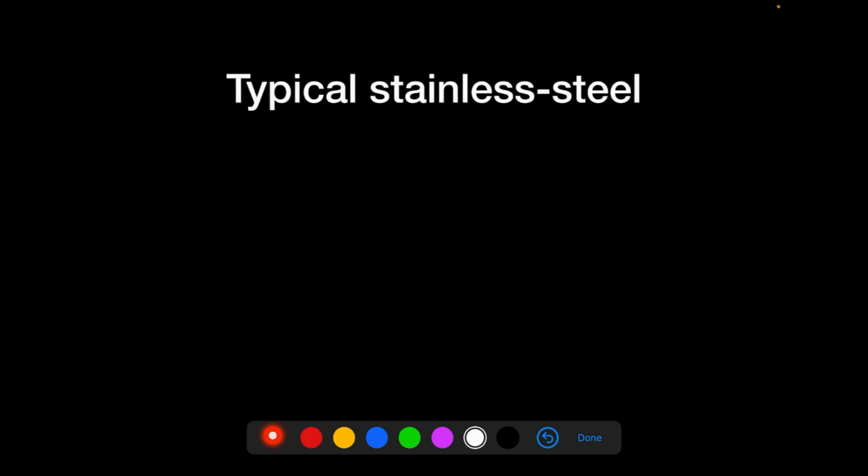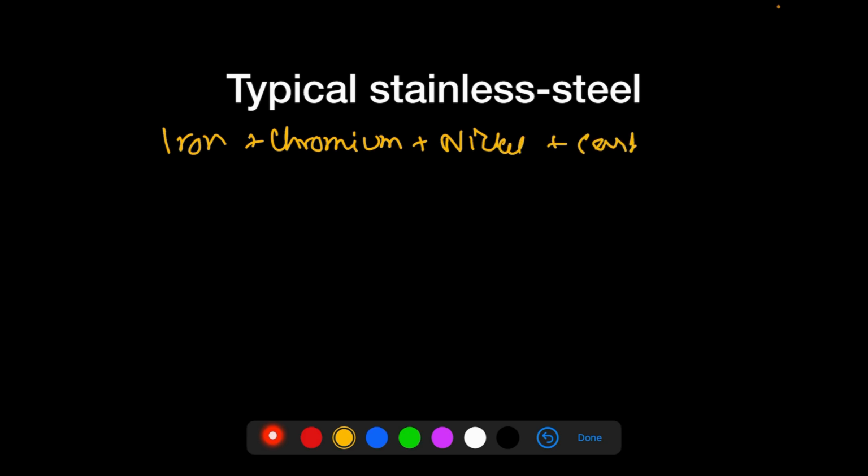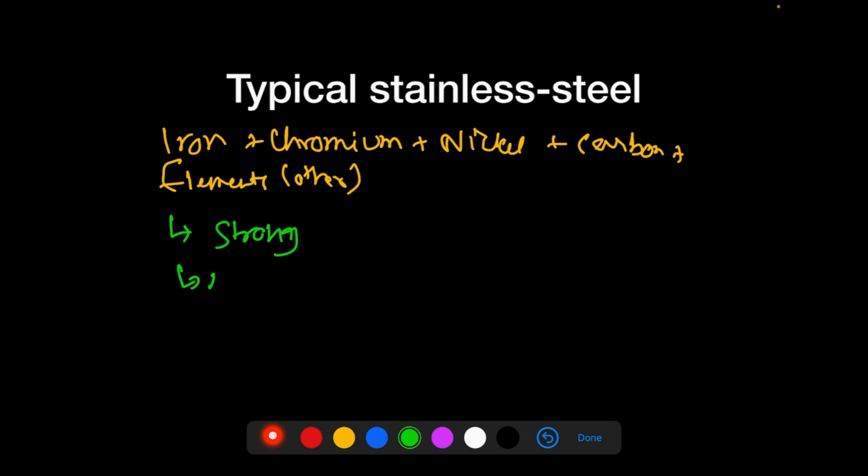Then we move on to typical stainless steel, which is iron, chromium, plus nickel, carbon, and other elements. Its special properties are it is strong, it is non-corrosive, and it is attractive.